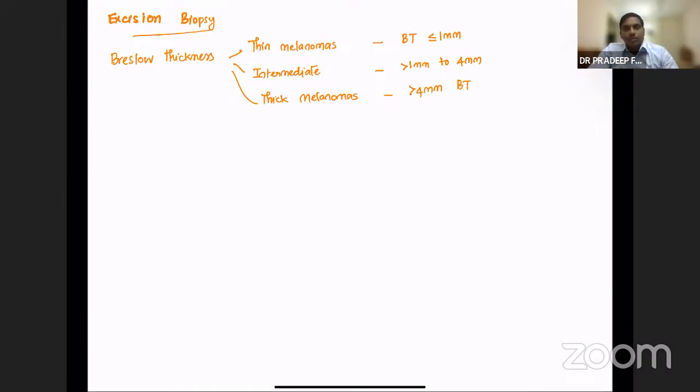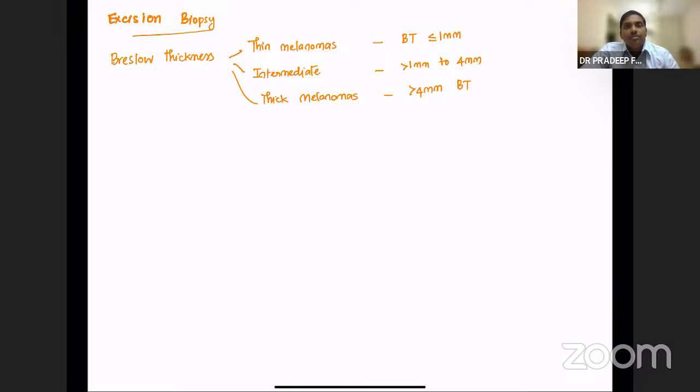Right? Why this Breslow thickness is very important? Because melanoma is an aggressive tumor. So any melanoma that has gone beyond the depth of 1 millimeter, it has a higher chance for nodal metastasis. So regional nodal staging should be done in patients apart from thin melanomas.